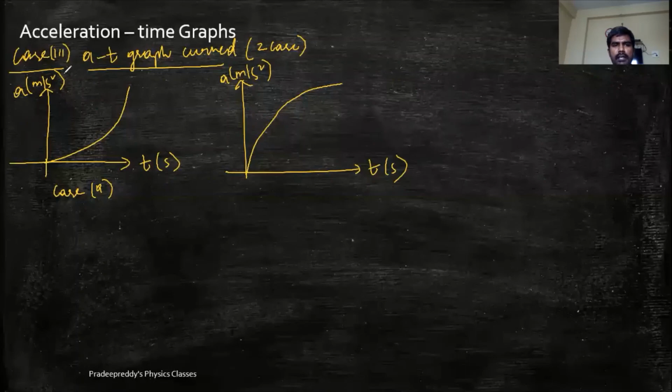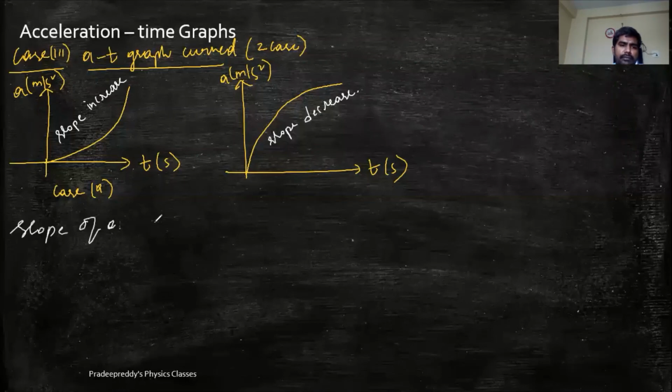So students, in the third case, the AT graph is curved. We have two types of graphs possible, with slope increasing and slope decreasing. In the first case here, slope increases. And here slope decreases. But however, if you are calculating the slope of an AT graph, it gives no information.